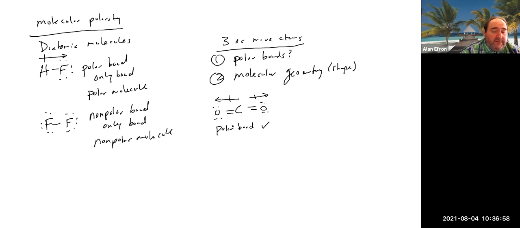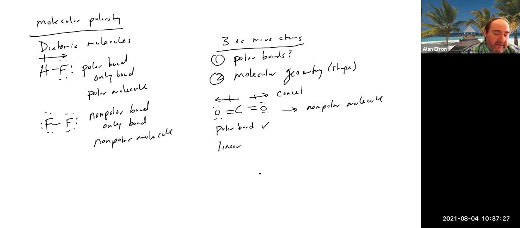But the geometry of this is two electron pairs and two bonds, which is linear. The oxygen to the right is pulling, but the oxygen on the left is pulling too. As they pull together, these dipoles, which are the arrows I drew, basically cancel each other out. The result is that this is a non-polar molecule.